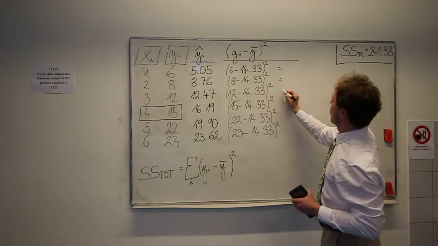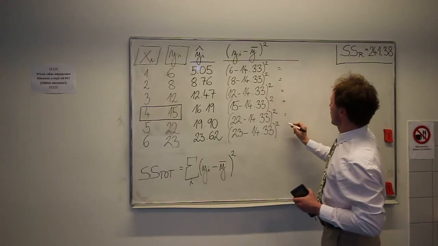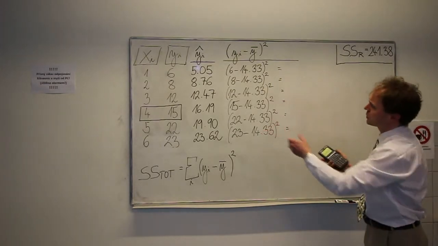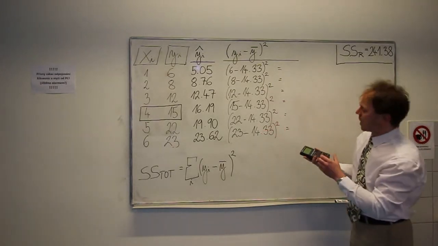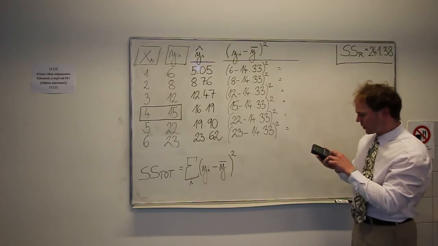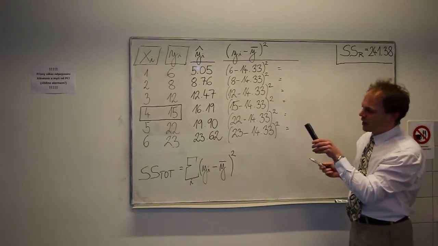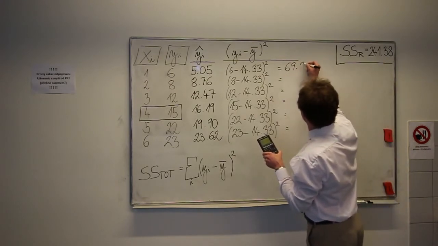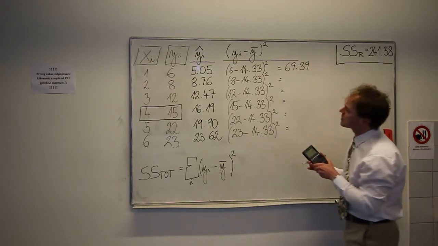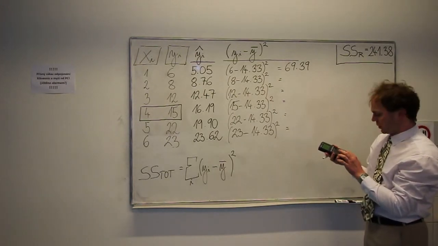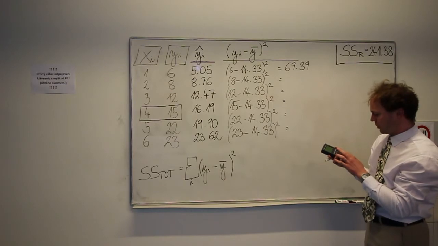So we will calculate 6 values here, and I will start with 6 minus 14.33 squared, which is 69.39. Okay, we can continue.